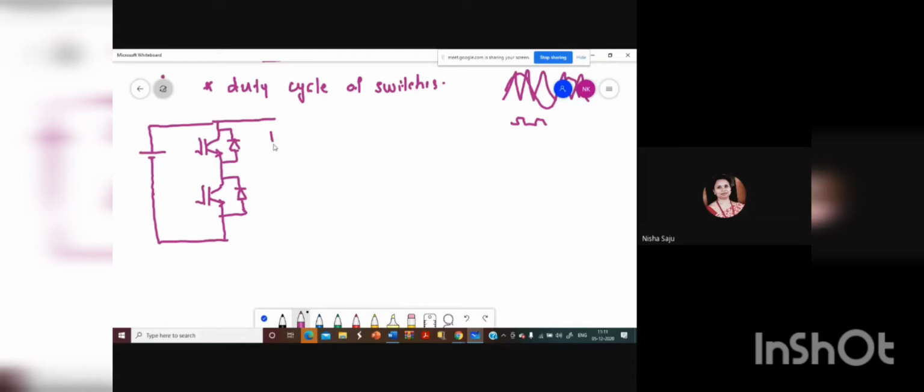Now I am drawing the second leg also. You'll have this structure, and again, the third leg.